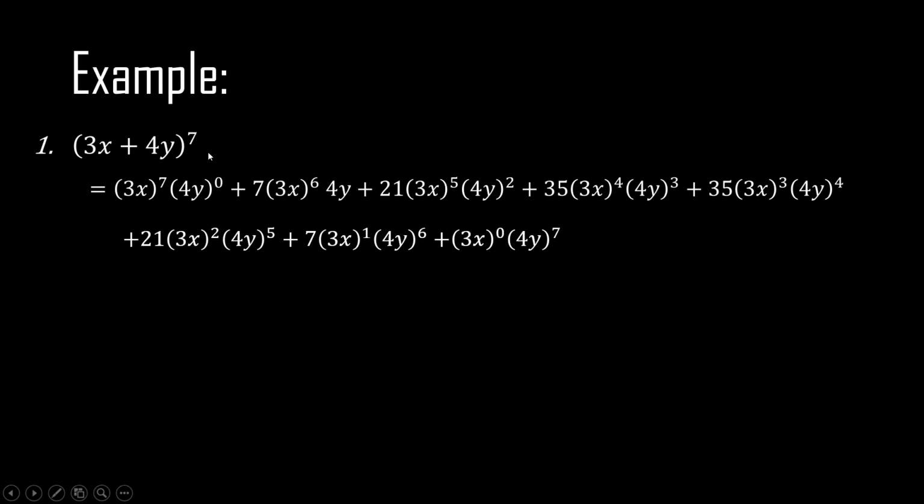So you have to take note also that when we expand a polynomial with a given exponent, the number of terms that you will arrive at will be the exponent plus 1. Meaning, if we have 7 here as the exponent, the number of terms that we must get will be 7 plus 1.